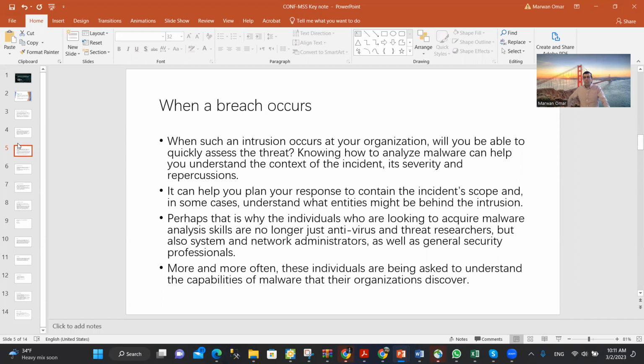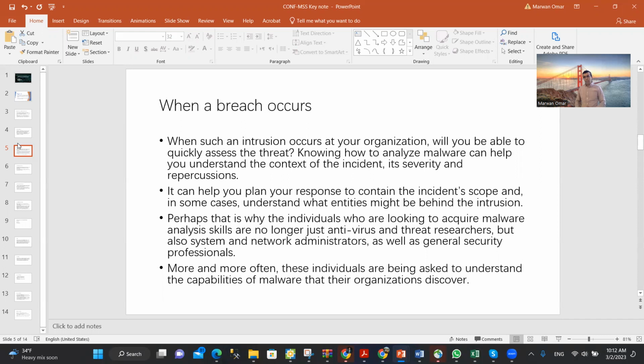So all of these categories of professionals are interested in learning how to analyze malware. More and more often, these individuals, meaning network admins, system admins, incident responders, cybersecurity professionals, are being asked to understand the capabilities of the malware that the organizations discover.